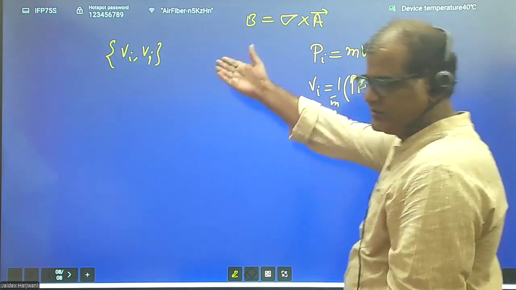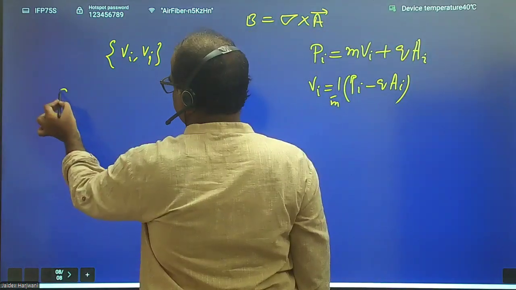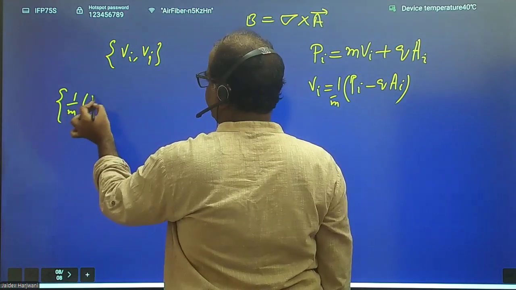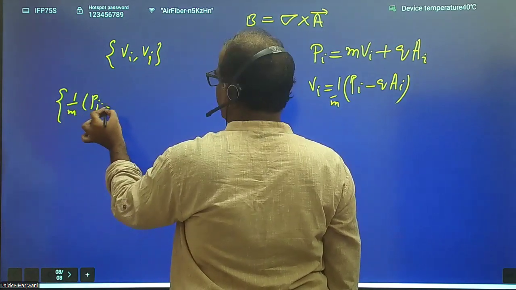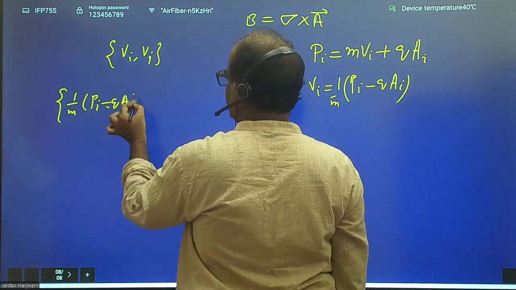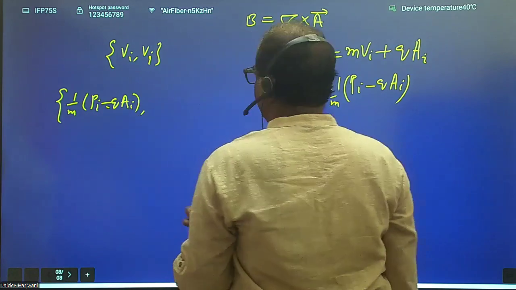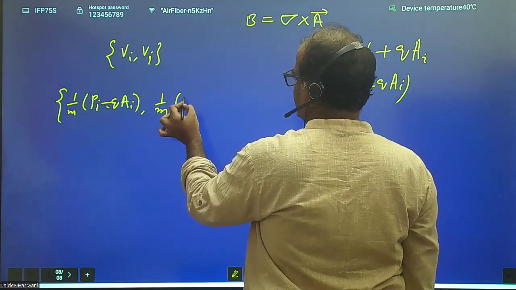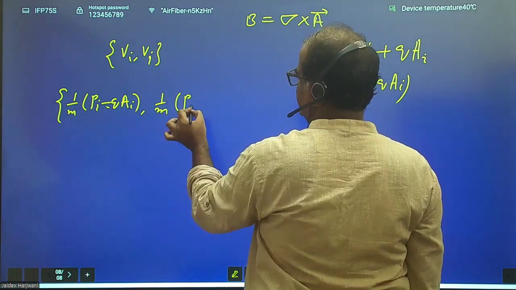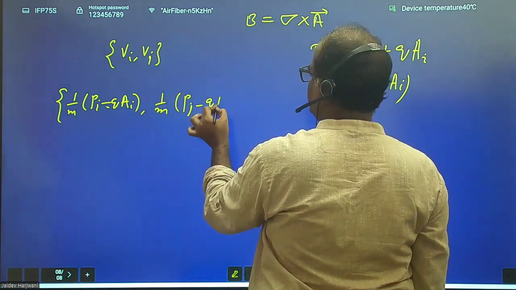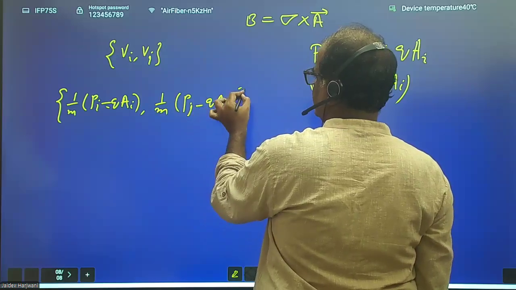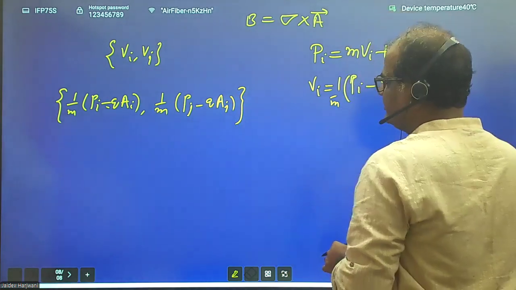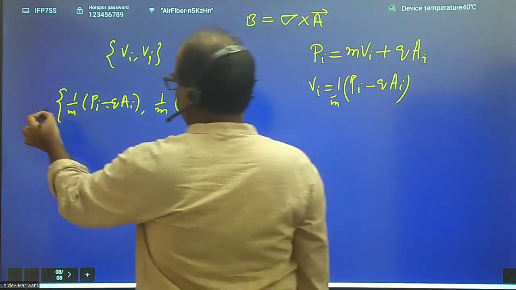So vi will simply be (pi minus q ai) by m. Now just put the values here. So this becomes 1 by m (pi minus q ai), and then you have 1 by m (pj minus q aj). Okay, and now I want to solve this one.